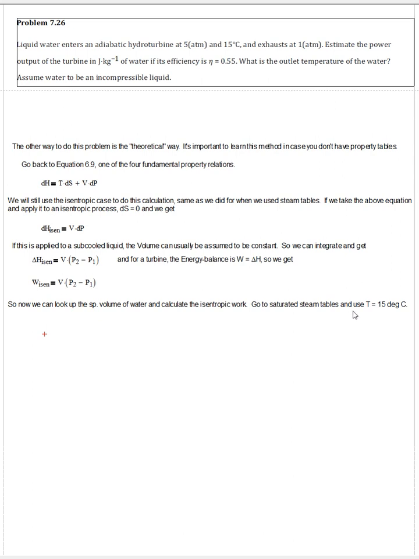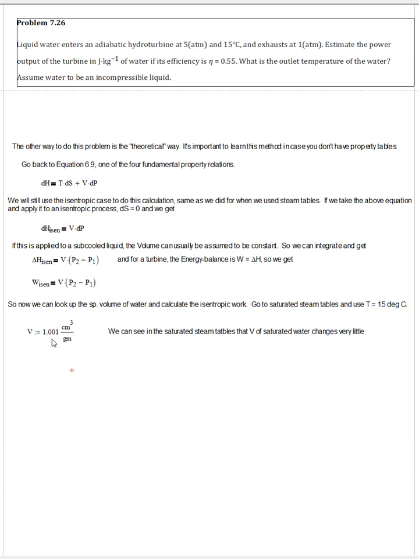I would go to the saturated steam tables and look at 15 degrees C, since our water coming in is at 15 degrees C. Let's get the specific volume at 15 degrees C, and we are going to assume that it is constant throughout our process. That is, the density of water does not change in our process. It's incompressible. We look this up and get a specific volume of 1.001.